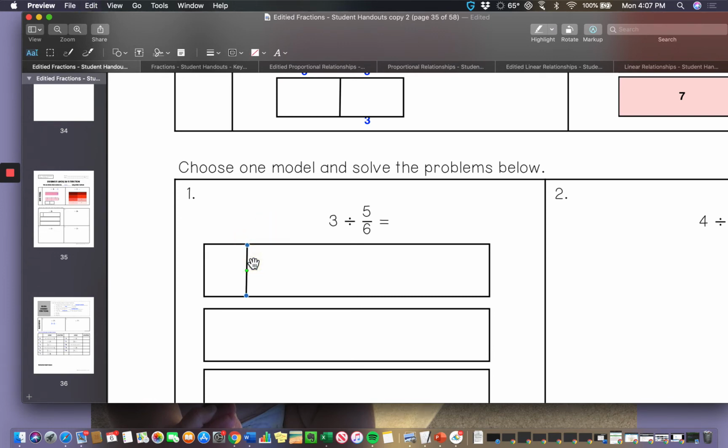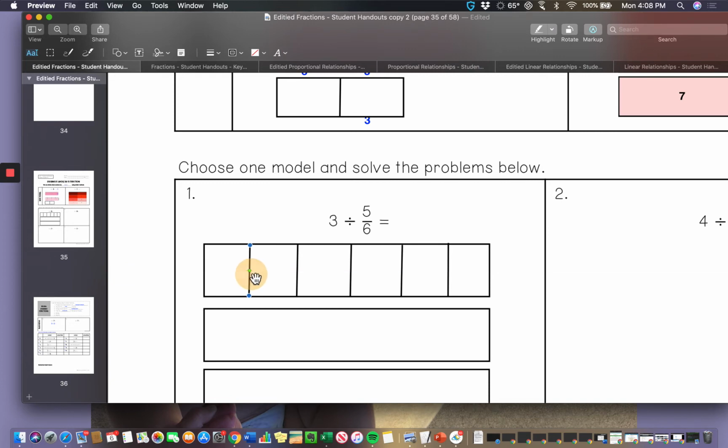Let's see. 1, 2, 3, 4, 5. Alright, now it might not be perfect, right? And I don't expect yours to be perfect, but I can tell you this, the more equal the spaces are, I think the better and more accurate your math is going to be.